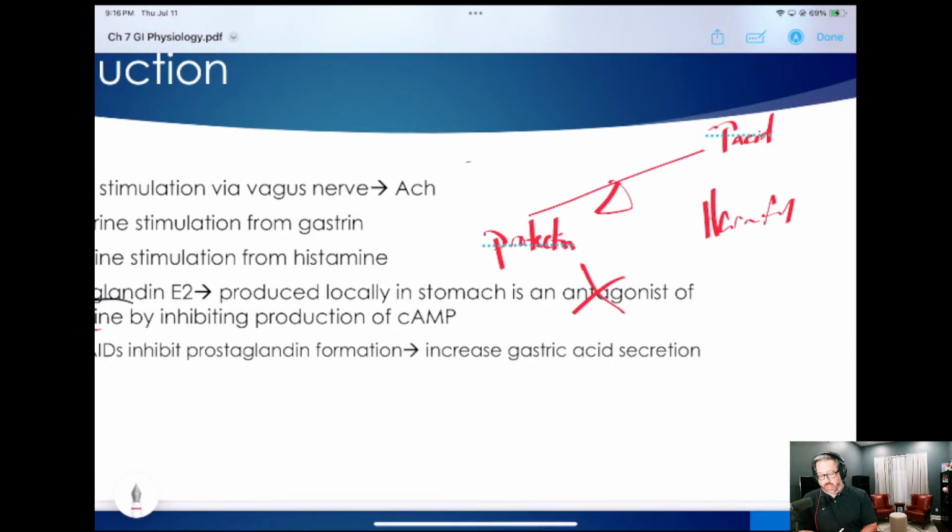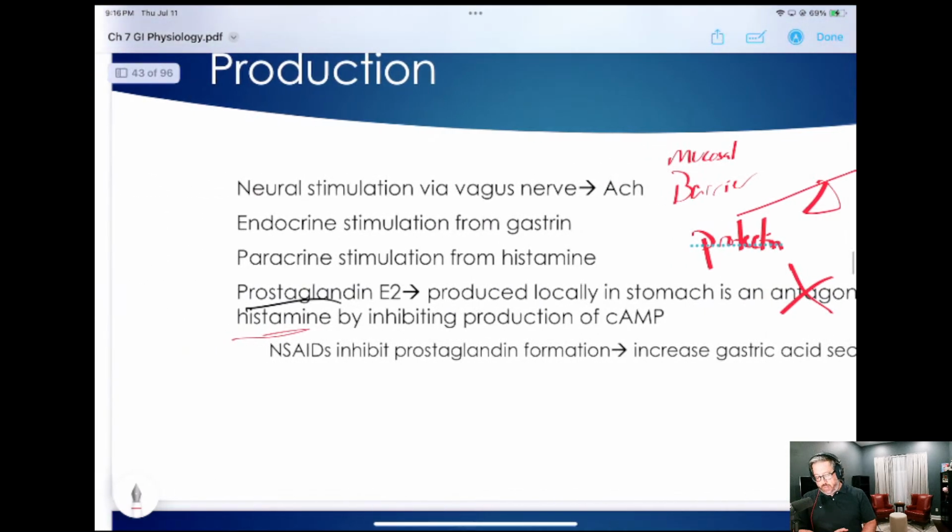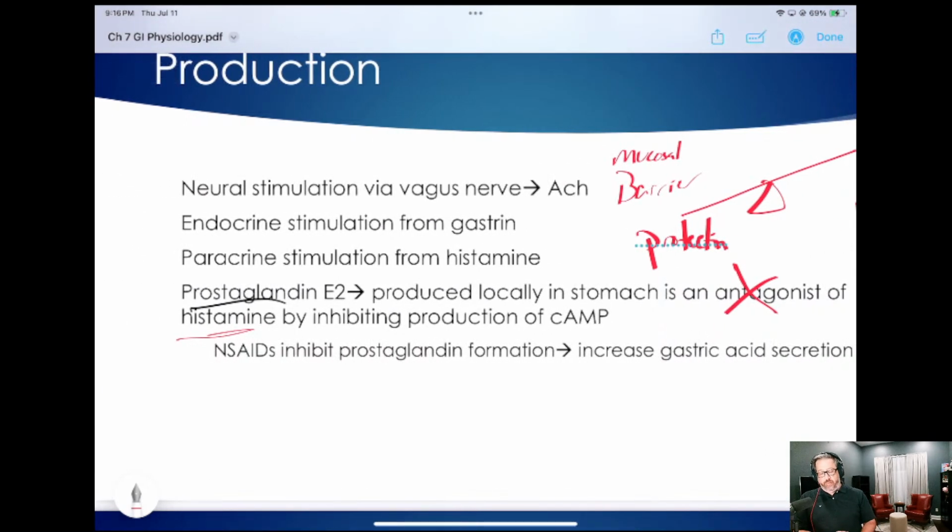Your protective benefits is obviously your mucosal barrier. Okay, so those are protective benefits. So prostaglandin is a protective benefit because it's going to block histamine from being made, less acid production.